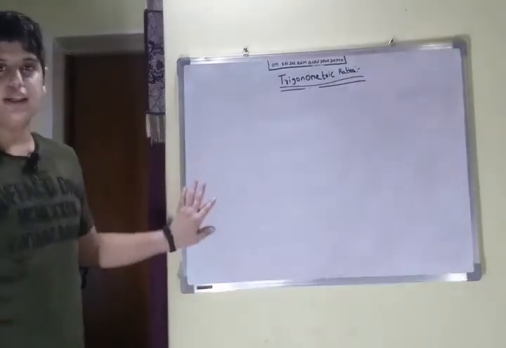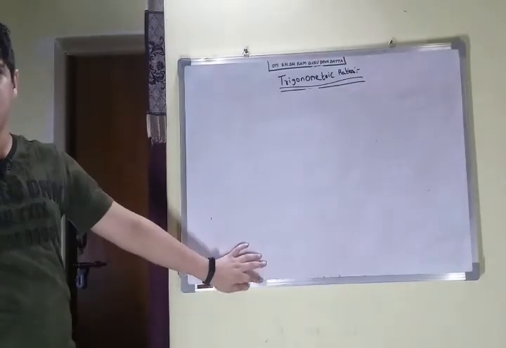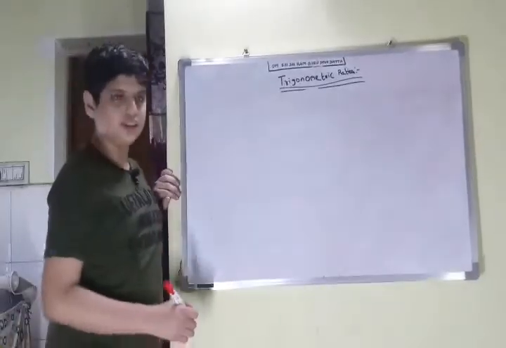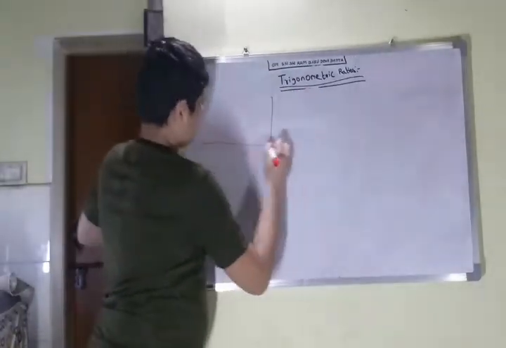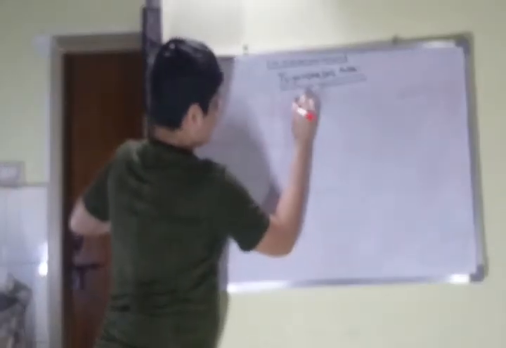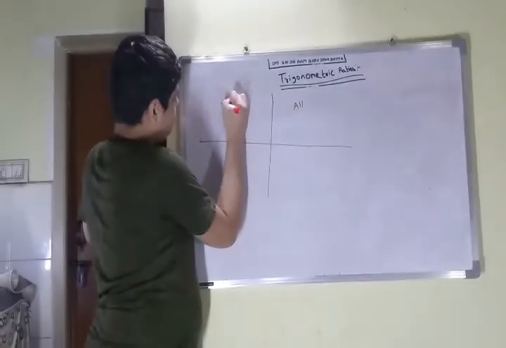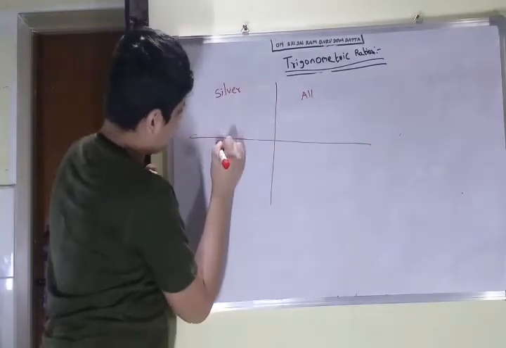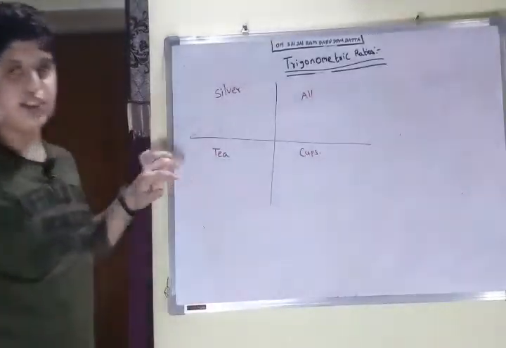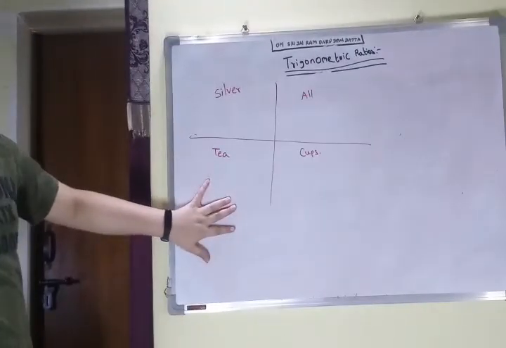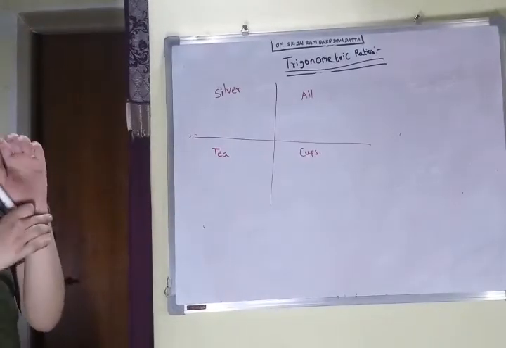Now let us learn about the ranges and values of these thetas. All Silver Tea Cups: this is a way to remember where sin theta and cos theta are positive.